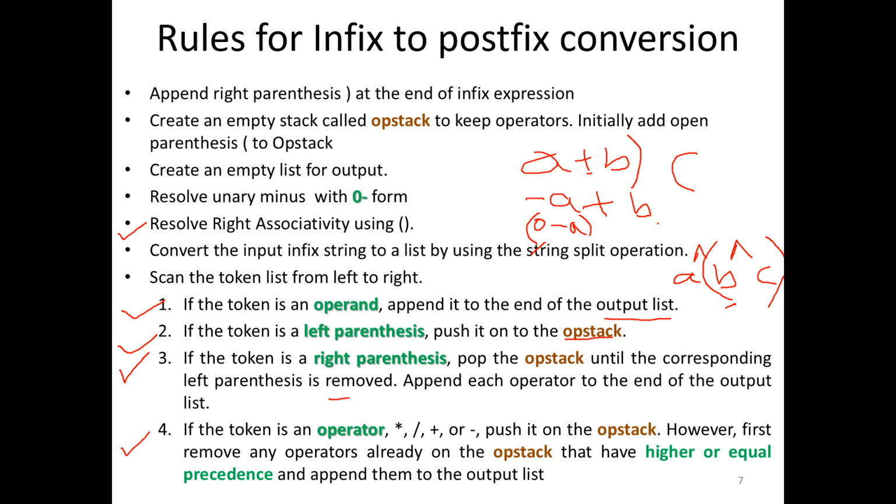If the symbol scanned, the token, is minus and the stack has plus, minus and plus have the same precedence. You will come to know once I start solving the problem. This is the symbol that is scanned, this is the symbol which is in the stack. Minus and plus have the same precedence. In that case, the plus must be removed from the stack. This plus must be appended to the OP list. In its place, this token must be loaded.